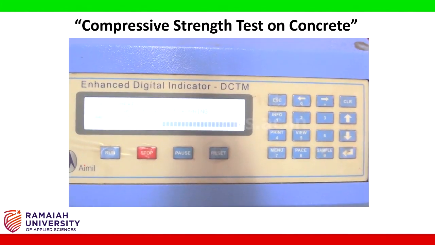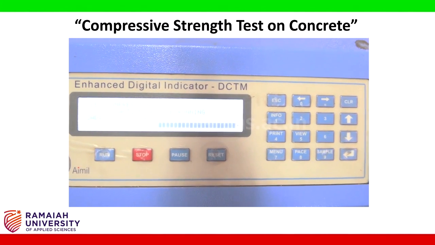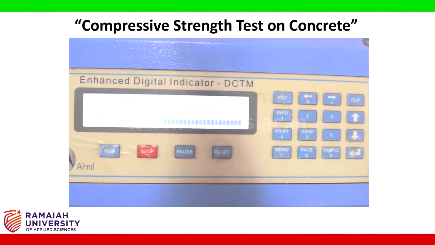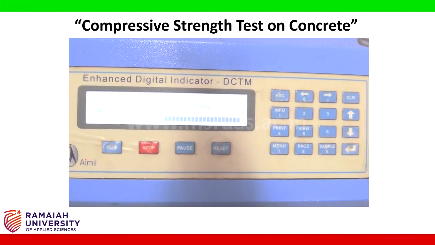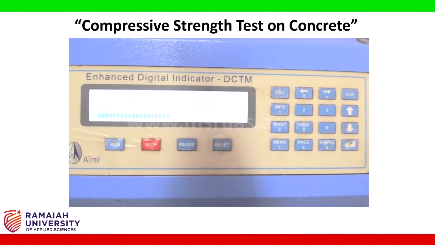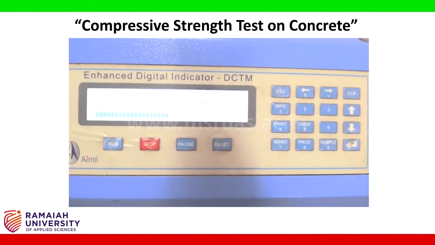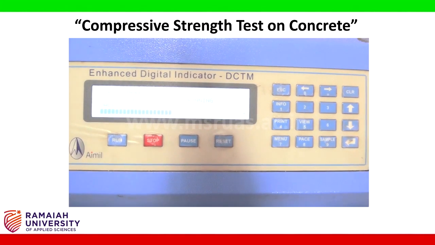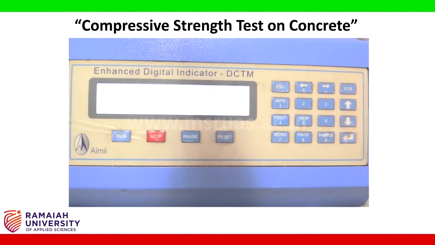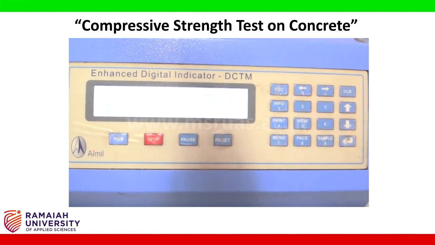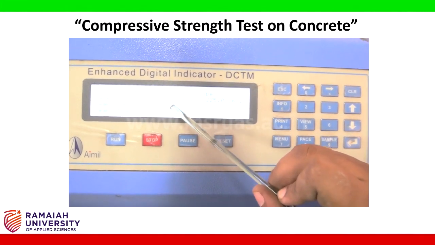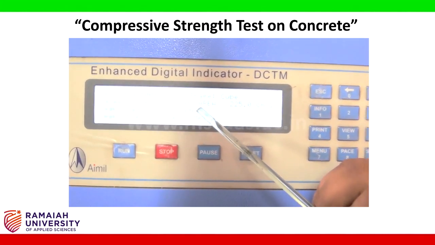We are applying the load. We are going to take the maximum load of failure. How are we going to observe? If you observe, there is an increase in load and then a decrease in load. It went to 500 and then dropped, which gives an indication that the sample is broken, and it gives you the peak load, that is 556.2 kilonewton.